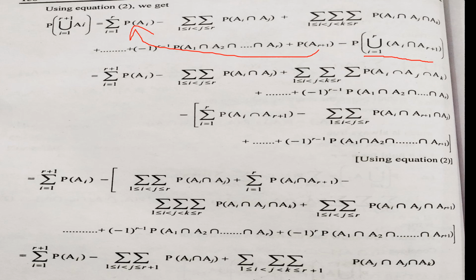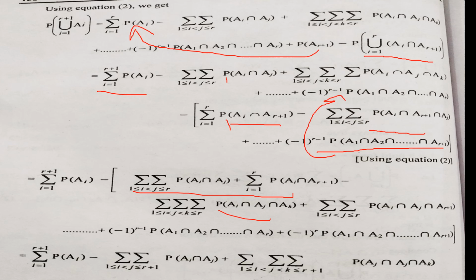This is again a union of i from 1 to r terms. Again using equation 2, it opens like this: summation, intersection of two terms, and last we have the intersection of r plus 1 terms, with r minus 1. Now we just have to club the terms. We will club this and this like this, the third one is this one, and this term will club to this term. So we get this one.